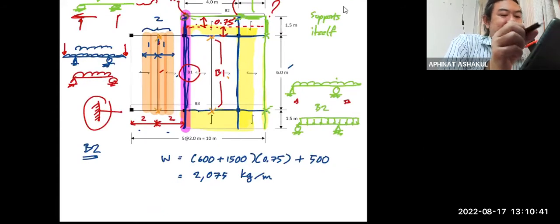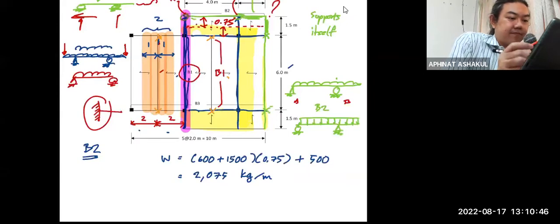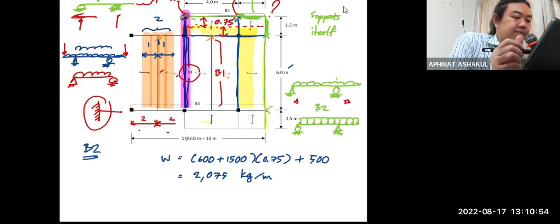I better erase a lot of things to clean up the area so that you can see better. All right. So this is our B3. Maybe I can use some fancy color.